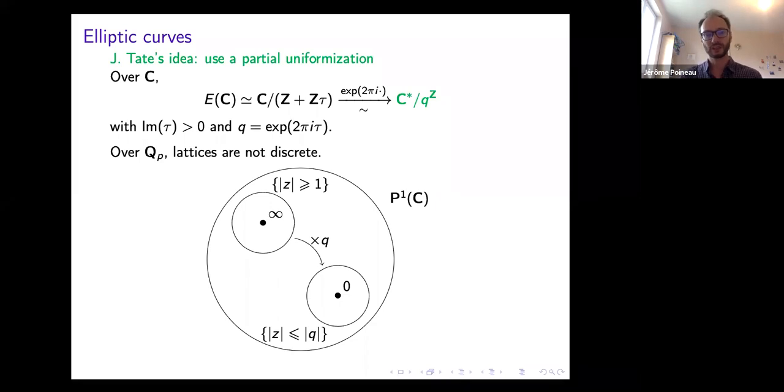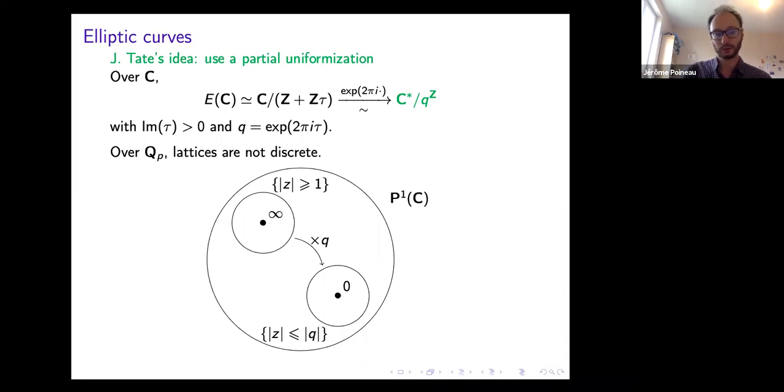It sends everything that's outside the disk around infinity inside the disk around 0, and it sends the circle to the circle. So when you do the quotient, you just glue the two circles and you find the usual donut picture, which is to say exactly an elliptic curve.